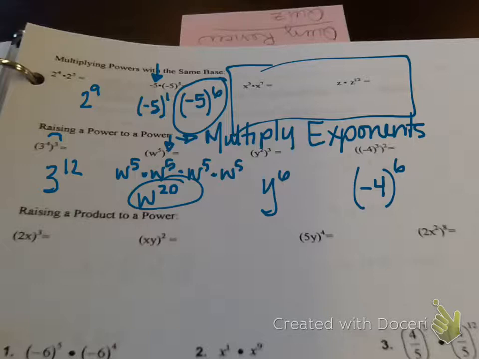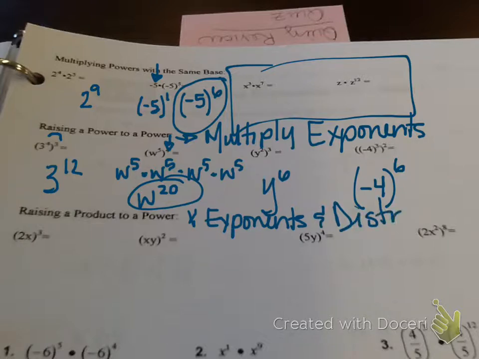Raising a product to a power is the exact same as raising a power to a power. So you multiply exponents, but you also have to distribute. So you multiply the exponents to every exponent in the parentheses.